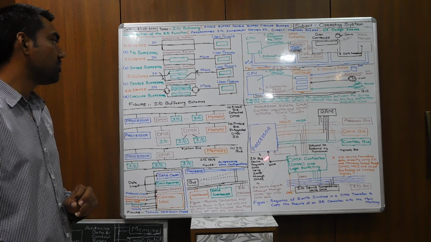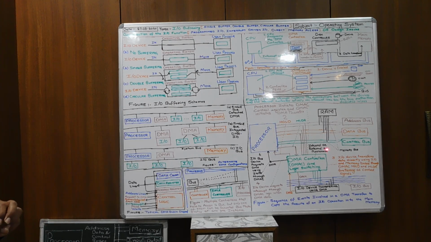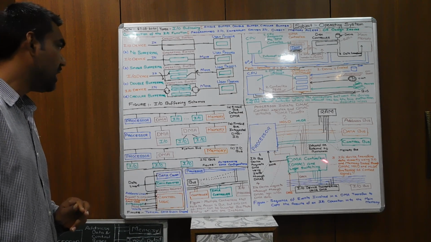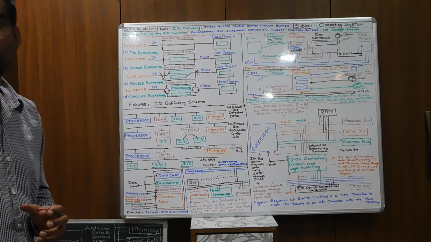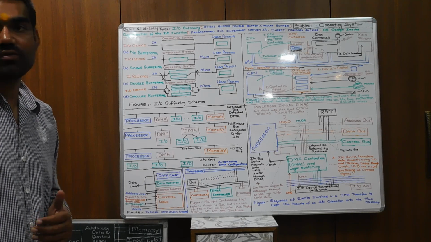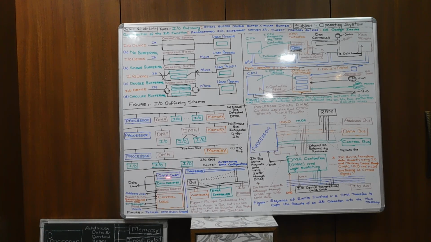The DMA controller has a set of registers with which it is associated. A data count register is there, which specifies the data transfer. A data register is there for what is going to get transferred.